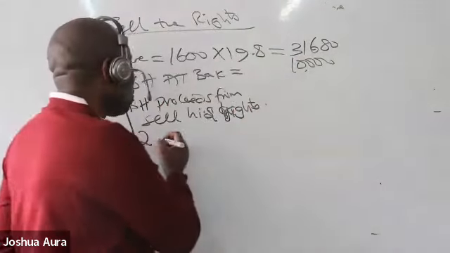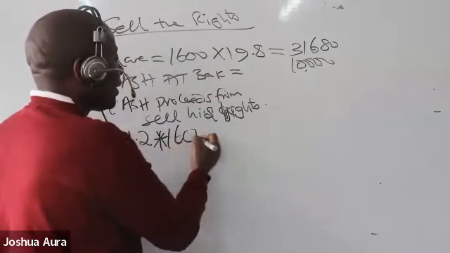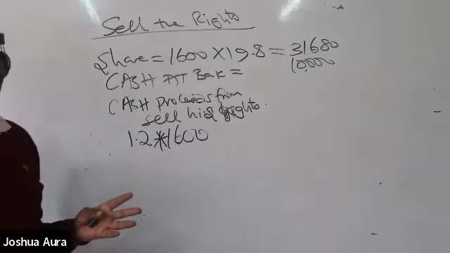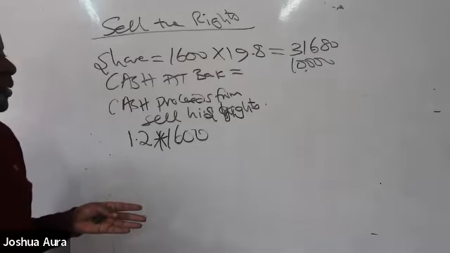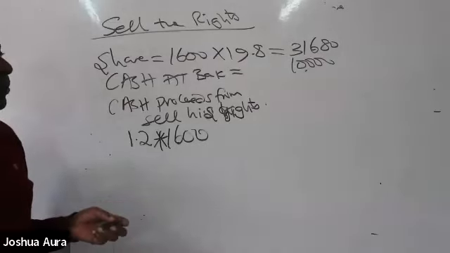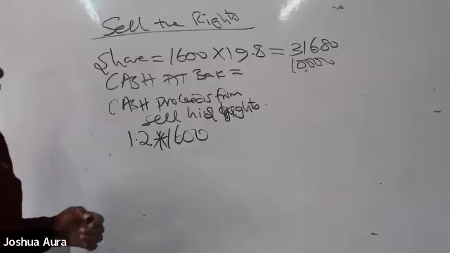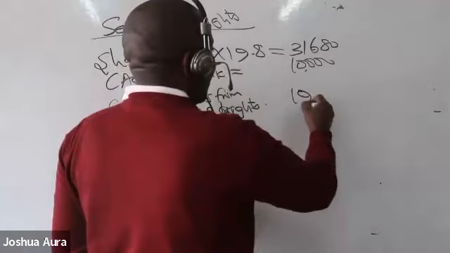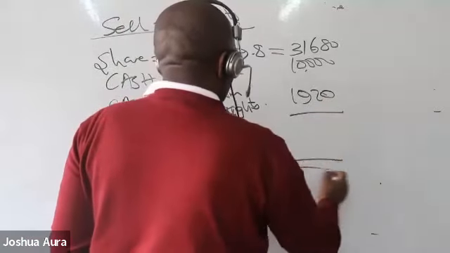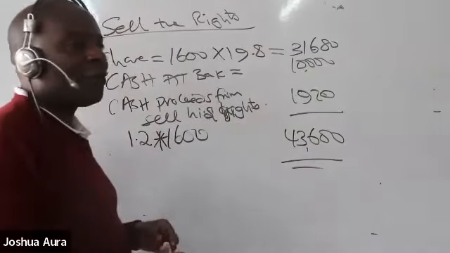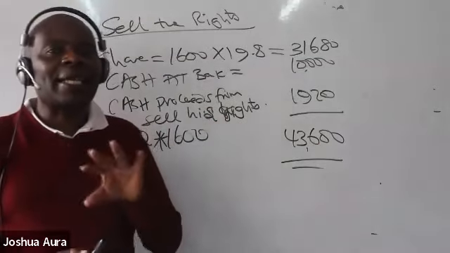So it will be 1.2 times the 1,600 that the guy has, which gives me 1,920. When you add, you get 43,600. So does it make some sense?